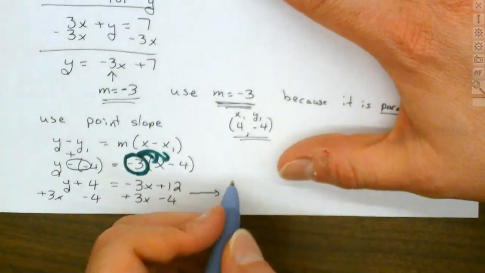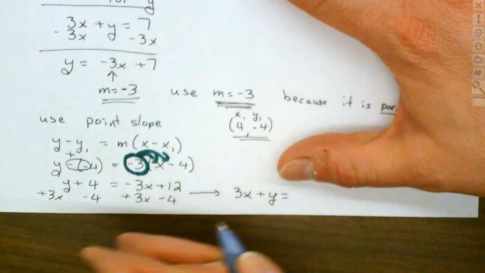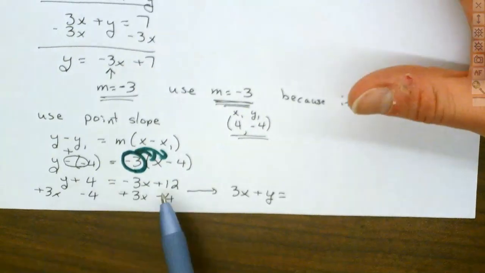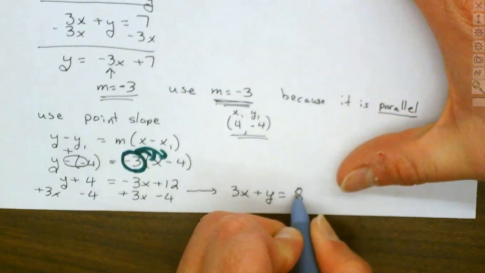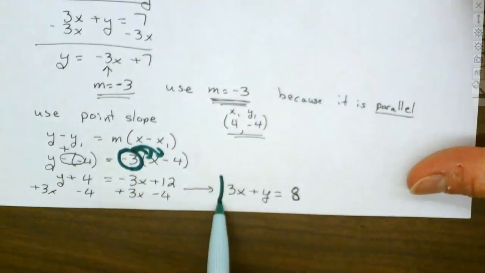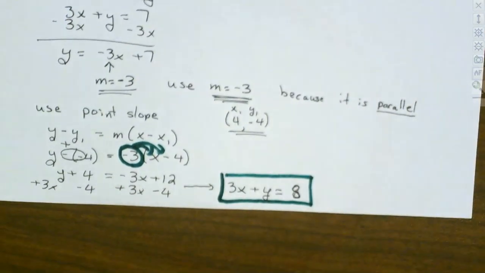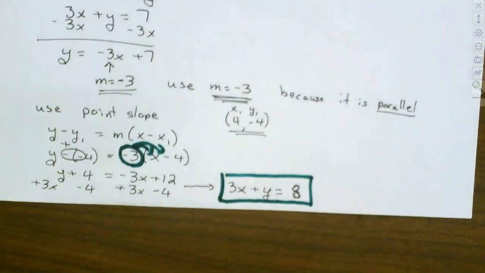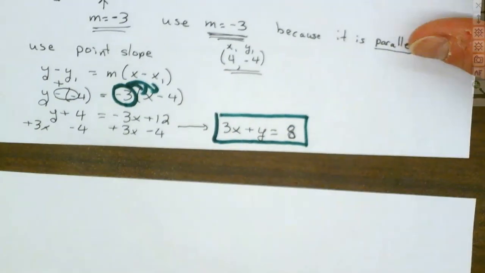So that leaves me now with 3x plus y. That's what we want. The x and the y on the left-hand side. And what about the right-hand side? Well, 12 minus 4 makes it an 8. So there is your answer in standard form. And we use the same slope because we were looking at parallel.